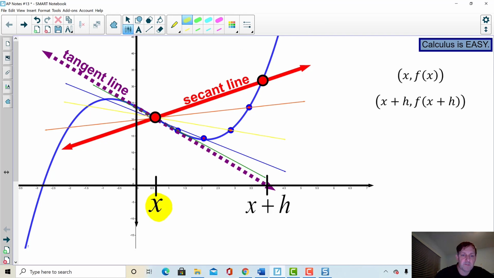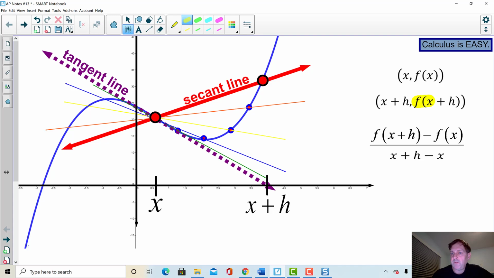So if this is x, then this point is x comma f of x. If this is x plus h, then this point is x plus h, and then f of x plus h. So we have the 2 points, and we can use the definition of a slope to write what the slope is of that red secant line.